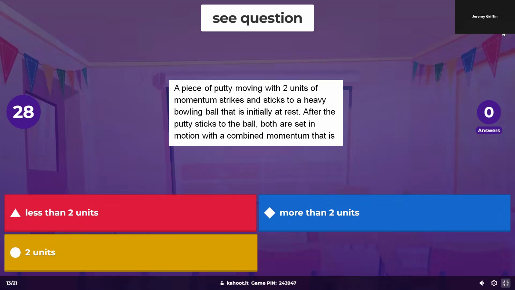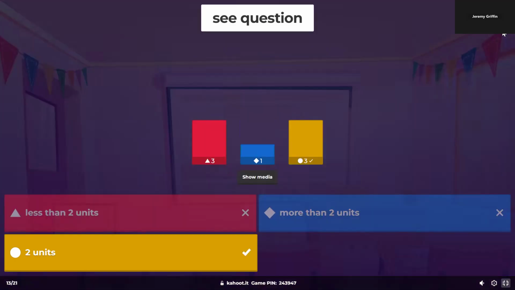Piece of putty moving with 2 units of momentum strikes and sticks to a heavy bowling ball initially at rest. After the putty sticks to the ball, both are set into motion with the combined momentum of... 2 units, because it was coming in with 2 units.